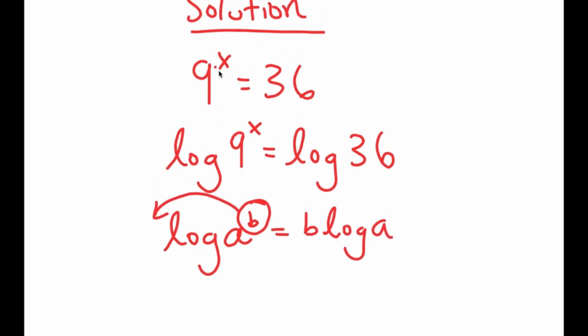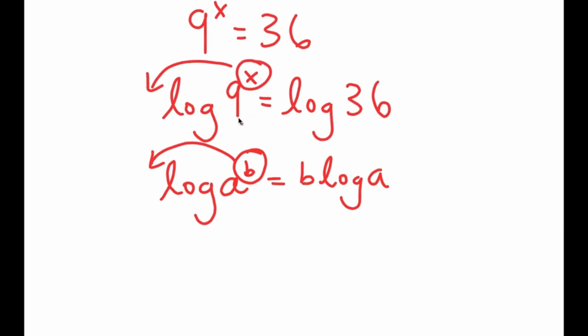So before, x was an exponent, and it's almost impossible to solve the equation in that form. But now we can move x to the front, and it's much easier to solve for x.